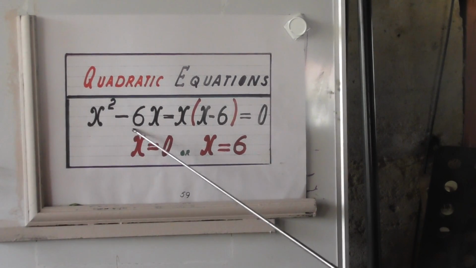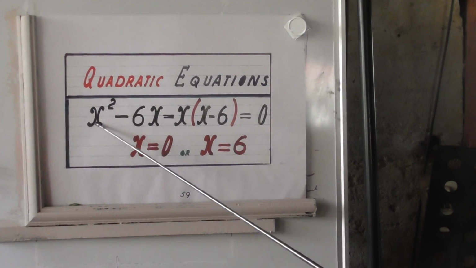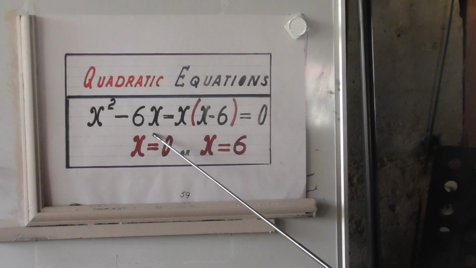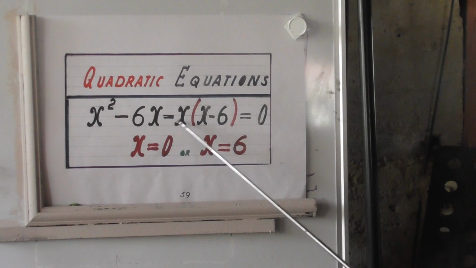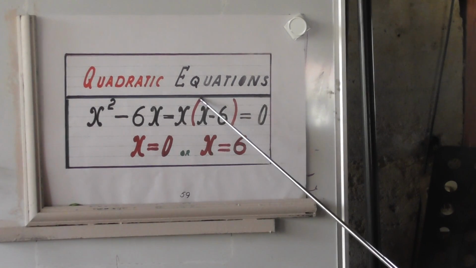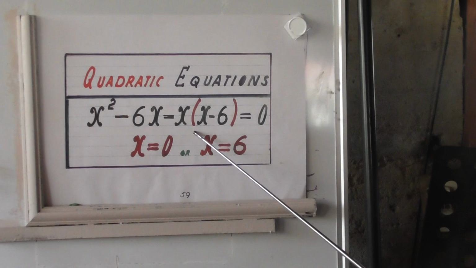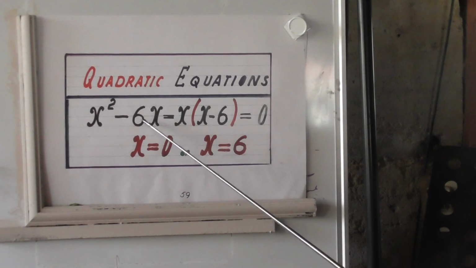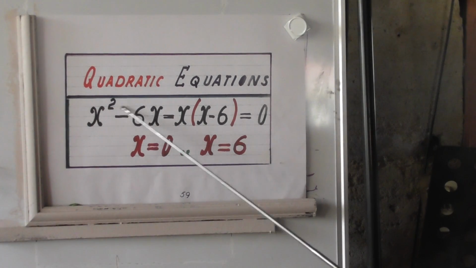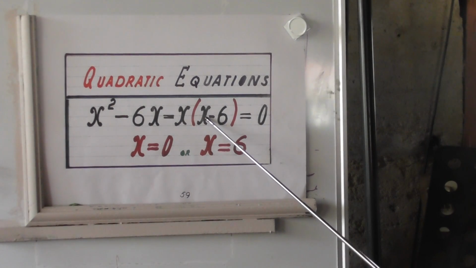We're going to factorize this, because they both have an x. So put the x outside, start the bracket. And because we have to get x squared, so this becomes now x.